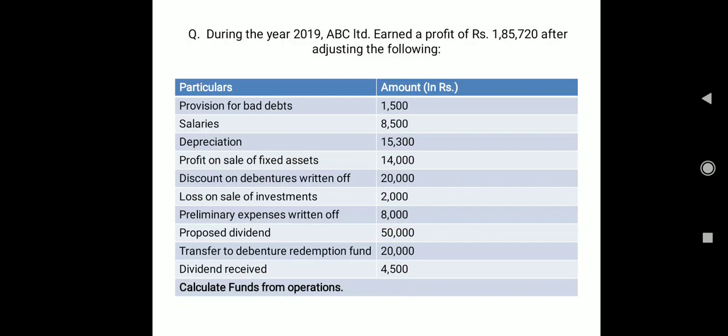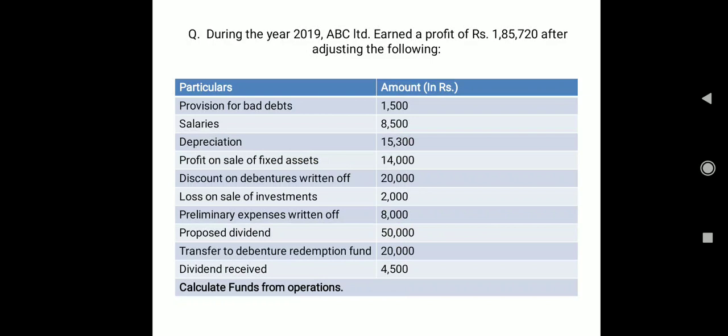Provision for bad debts decreases the net working capital, and that's why we are not going to take it into consideration while calculating fund from operation. Clear? Now checking the next, salaries. Salaries are your direct expense, so again we are not going to take that into consideration while calculating fund from operation under the add back method.